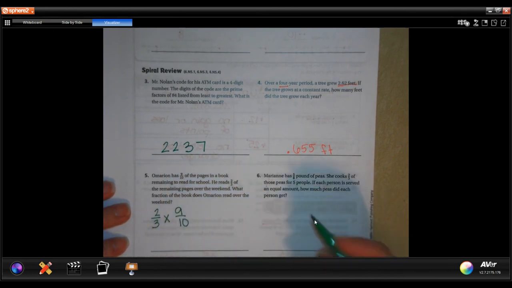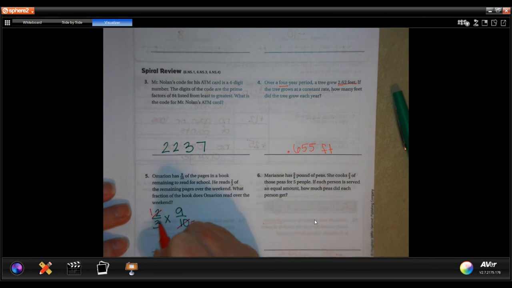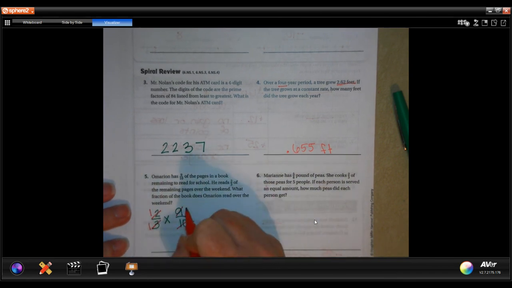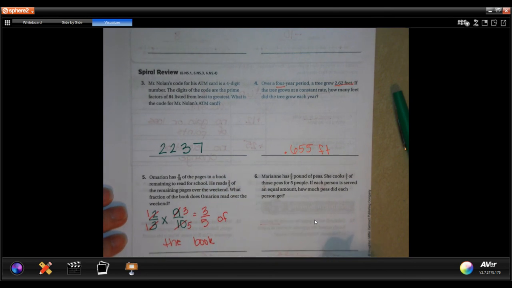Now we're going to go through and cross cancel. 2 goes into 2 once, 2 goes into 10 5 times. 3 goes into 3 once, 3 goes into 9 3 times. Multiply straight across and get 3/5 of the book.